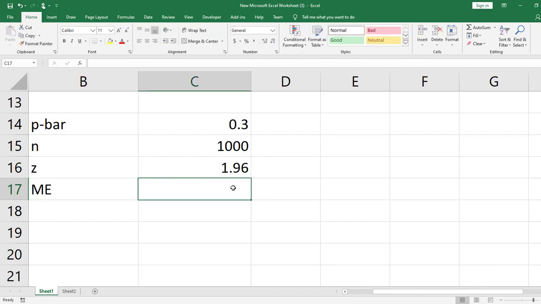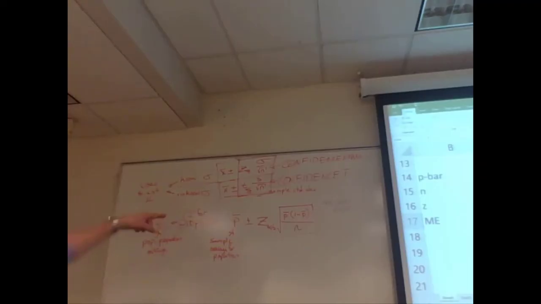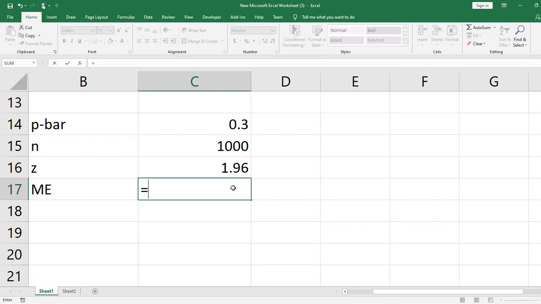So our margin of error is equal to, how do we do this? Follow the equation. Remember, we are trying to estimate our margin of error. So we first take 1.96 as our z-score. We multiply it by what? We need a square root.